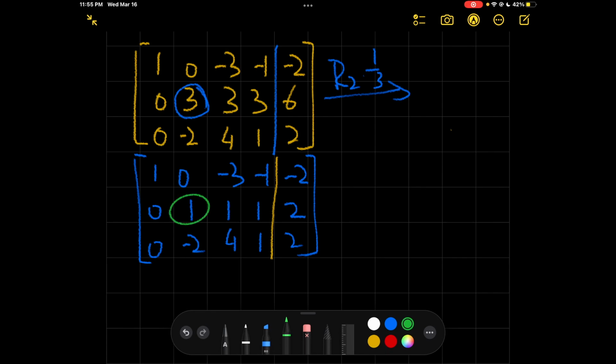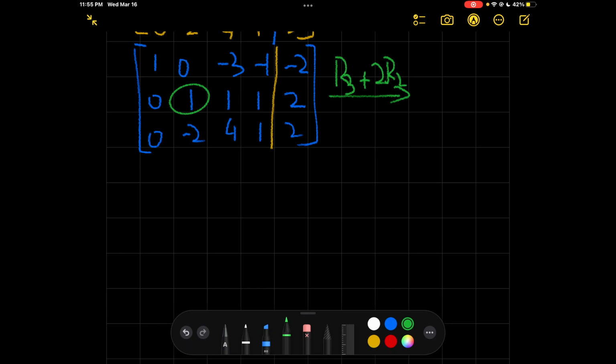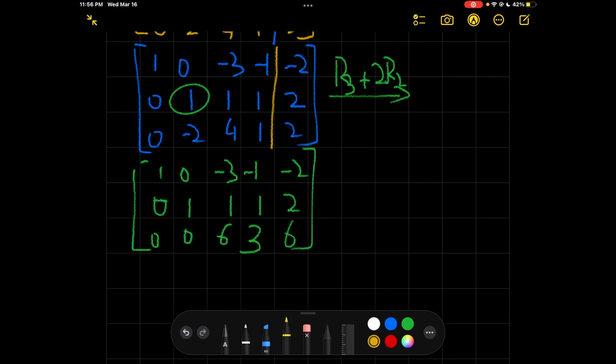Now we need to knock out the second column, which is row 3 plus 2 row 2, which gives: 1, 0, negative 3, negative 1, negative 2, and row 2 doesn't change: 0, 1, 1, 1, 2, and 0, 0, 4 plus 2 is 6, 1 plus 2 is 3, 2 plus 4 is 6.